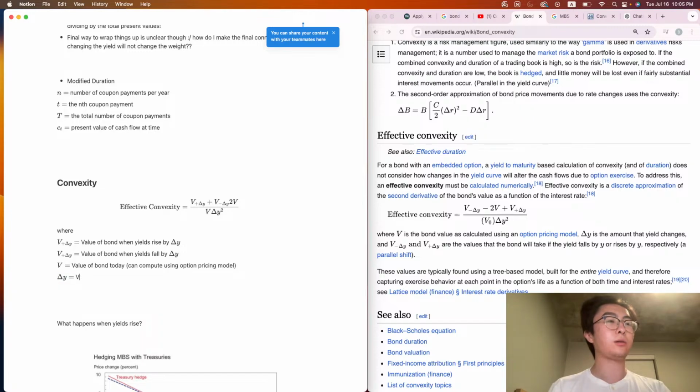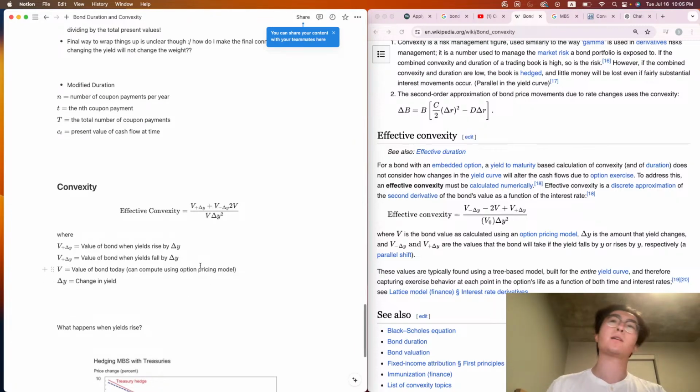Value, change in yield. Okay, so I think that's good.